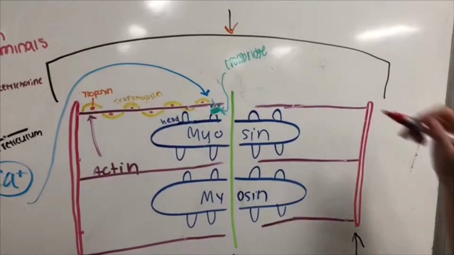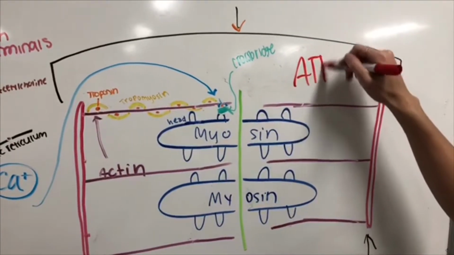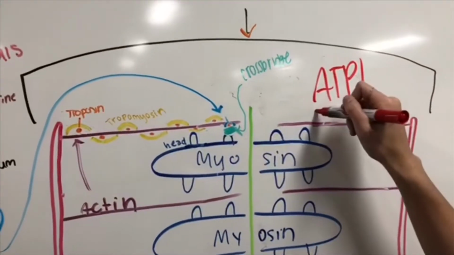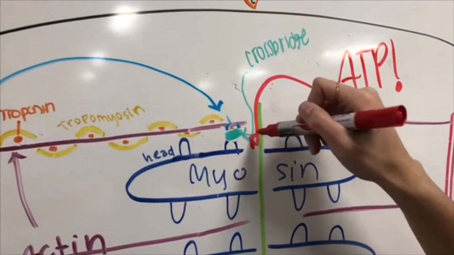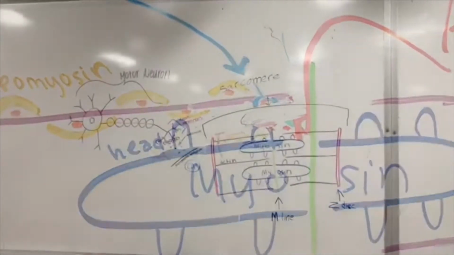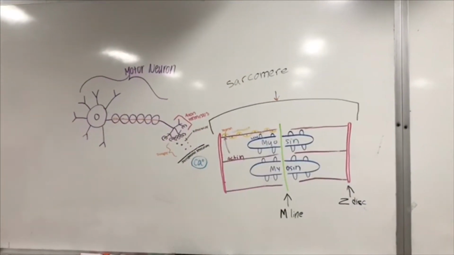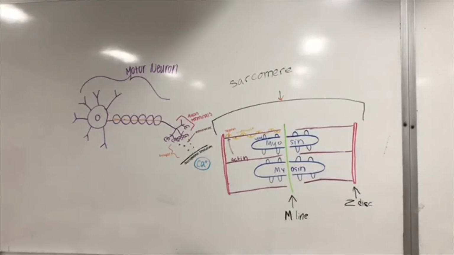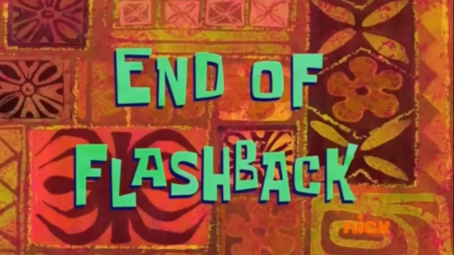The only thing that can stop this interaction is the presence of ATP, or energy, which releases the hold of myosin heads from the actin, which breaks the cross bridge. The final step is acetylcholine, sodium, potassium, calcium, actin, and myosin all returning to their initial position, and the muscle finally relaxes. End of flashback.